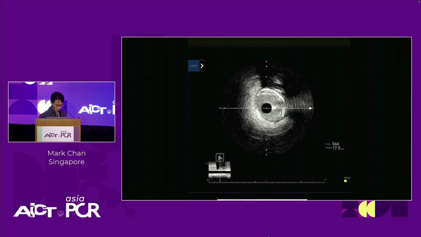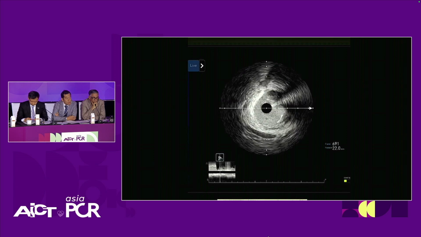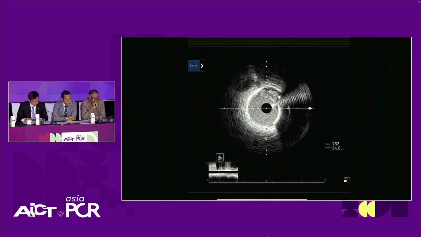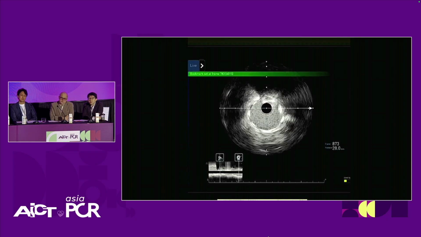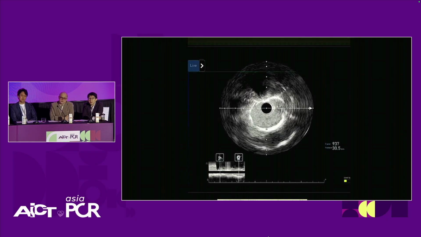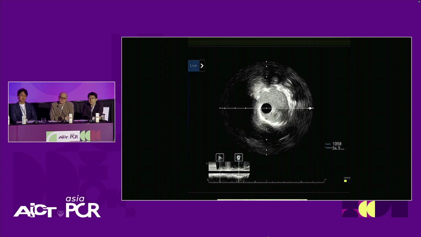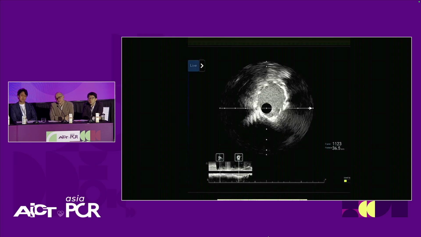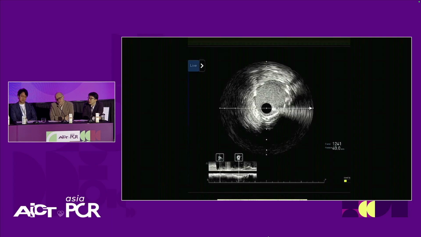Okay, so Jason, we're coming to the end of this section. Do you want to highlight anything on this final IVUS run? I think we do see some subintimal dissections. We see the stent coming in, and the stent looks nicely expanded, very nicely opposed, and I believe the MSA is probably going to be quite satisfactory.